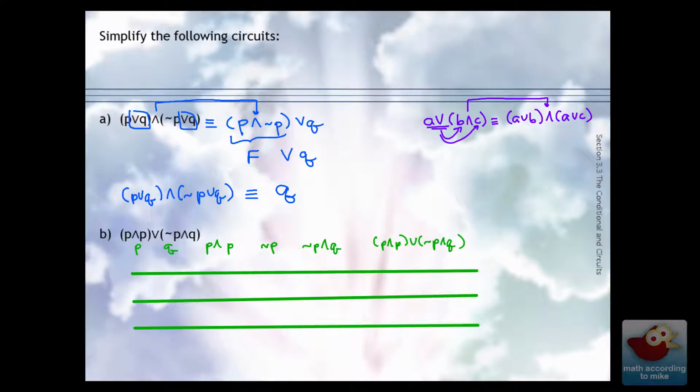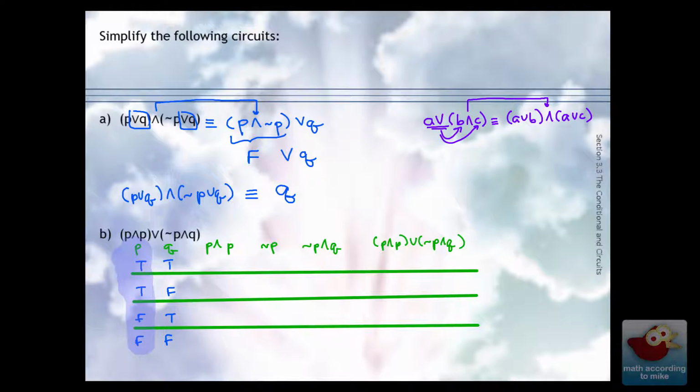All right, let's fill this in. By now, you should be very comfortable with the first 2 columns at least, of why it's written this way. So this is unique.